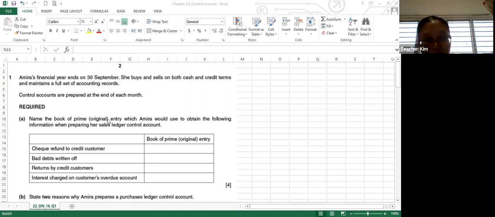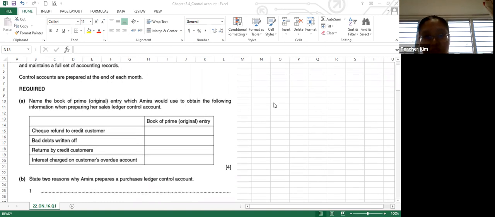Name the book of prime entry which Amira will use to obtain the following information when preparing her sales ledger control account. If somebody has not really understood the sales ledger control account, then give me a minute. I need to find the format for you all to remember.